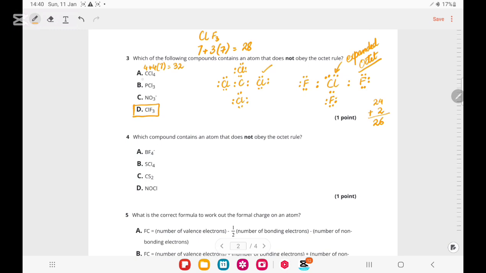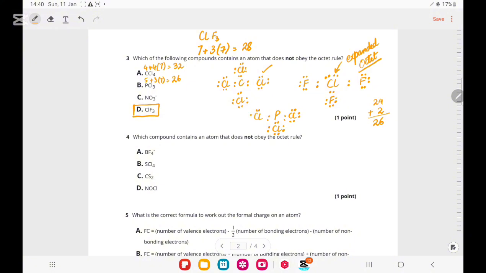So it follows the octet rule. Similarly, if you see PCl3, it has 5 electrons and it has 7, so this one would become 26 electrons. And this is phosphorus, this is chlorine, this is chlorine, this is chlorine. Afterwards you are going to draw the lone pairs. So these are lone pairs on chlorine.